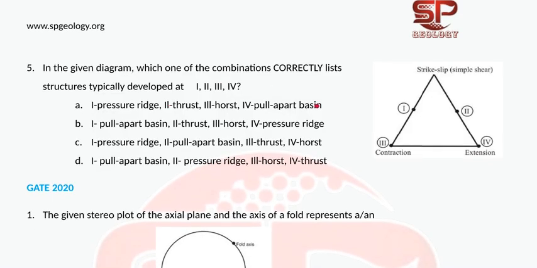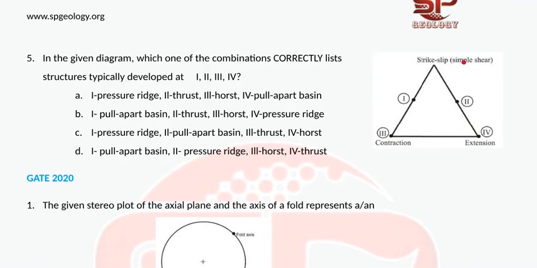Next, in the given diagram, which combination correctly defines the structural types? This is strike-slip setting, this is contractional, this is extensional. Contractional means you will get a reverse fault, extensional you will get a normal fault, and contractional and strike-slip combined can be called transpression, and extension and strike-slip combined is called transtension.